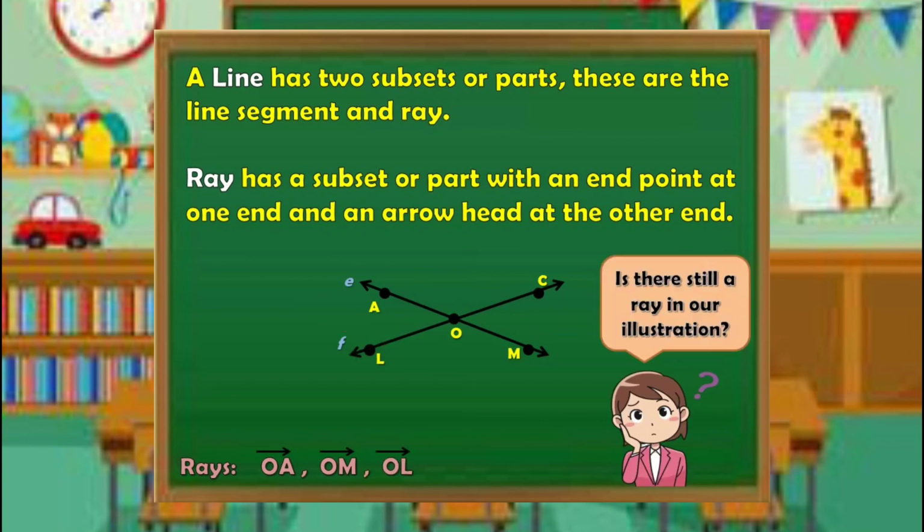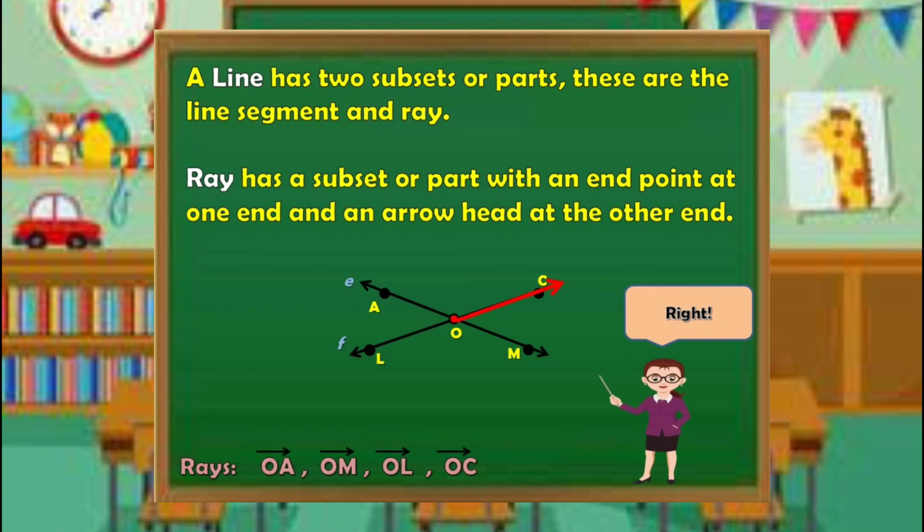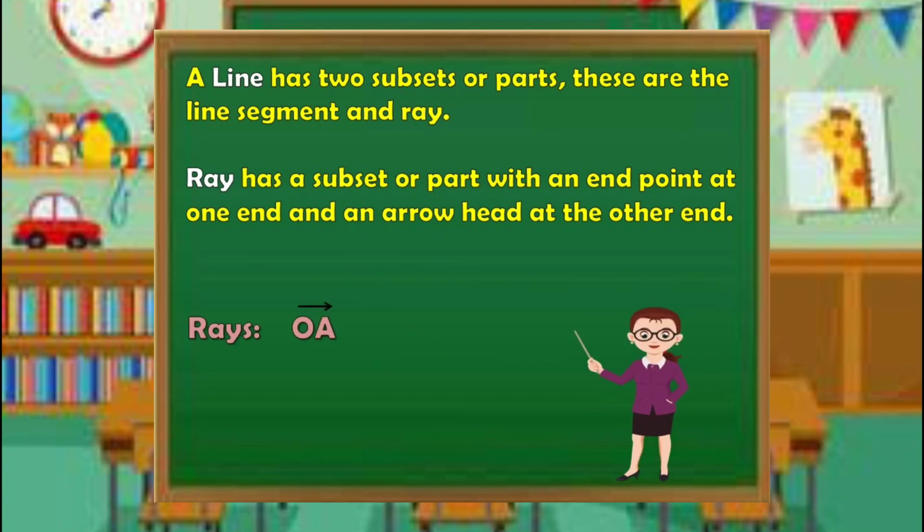Is there still a ray in our illustration? Right! Ray OC is also here. Don't forget the ray symbol above its letters. We recorded ray OA, ray OM, ray OL, and ray OC.